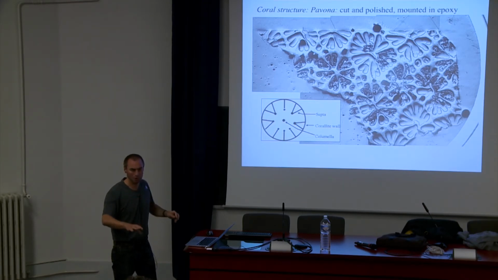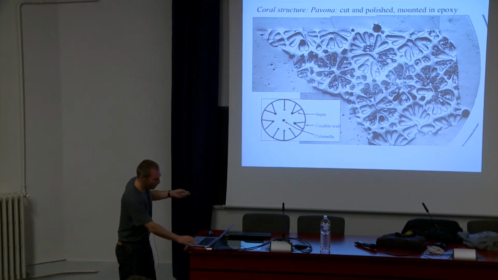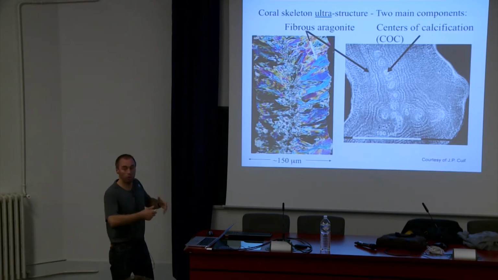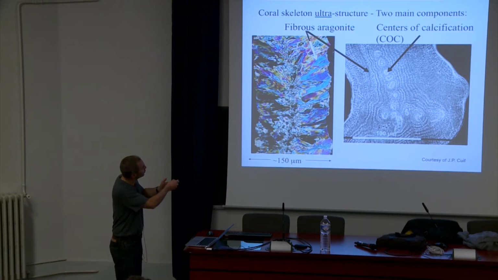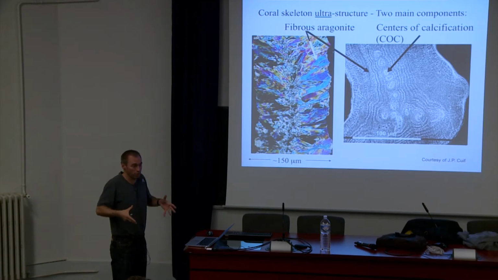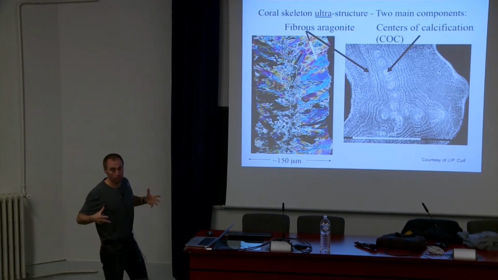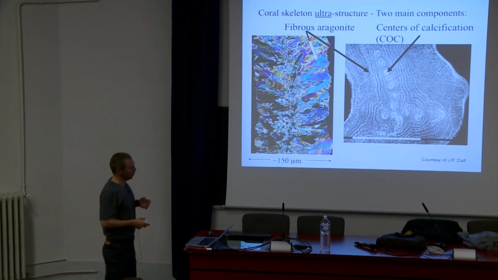This is a caricature, okay. Overgrowing these, forming on top of these, is this fibrous aragonite material here, which gives the skeleton its bulk, mass, and strength. So there are these two components: the centers of calcification and then this fibrous skeleton.